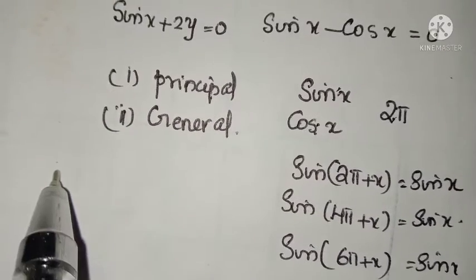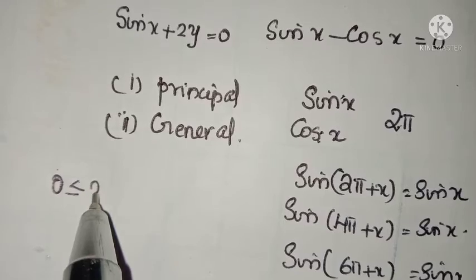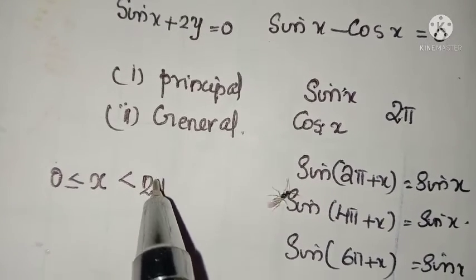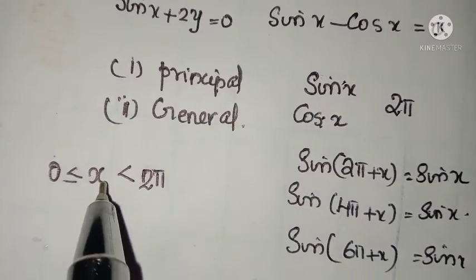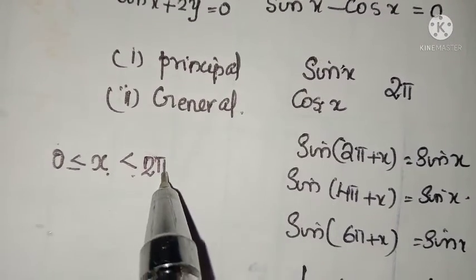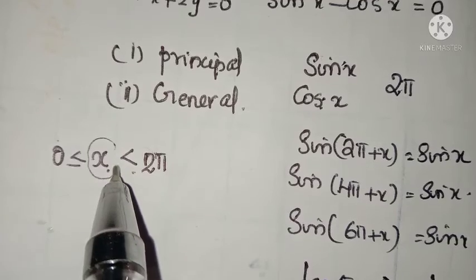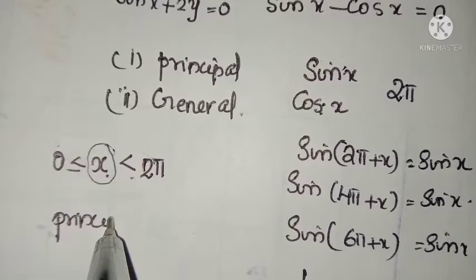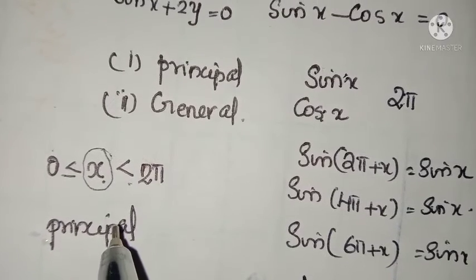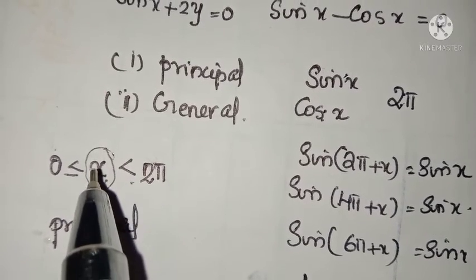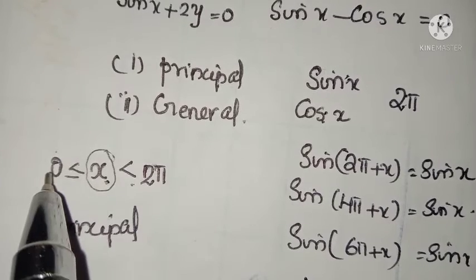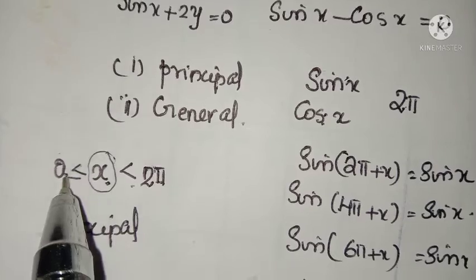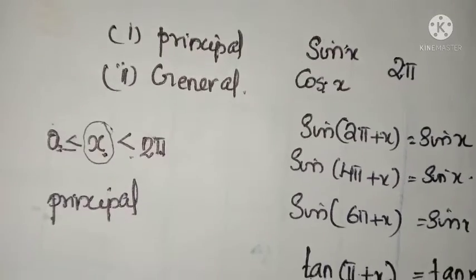So when the values of the variable x lie in the interval 0 less than or equal to x strictly less than 2 pi, then the values of x are known as principal solutions. Okay, so the principal solution of a trigonometric equation is the values of x lying between 0 and 2 pi, including 0 and excluding 2 pi.